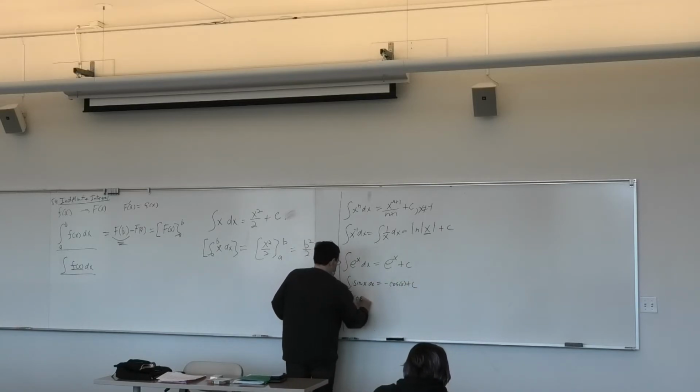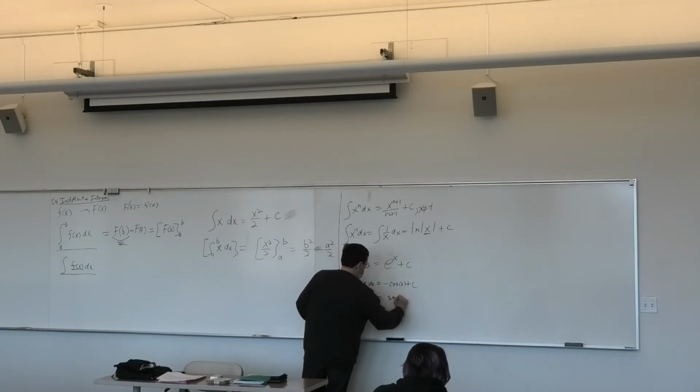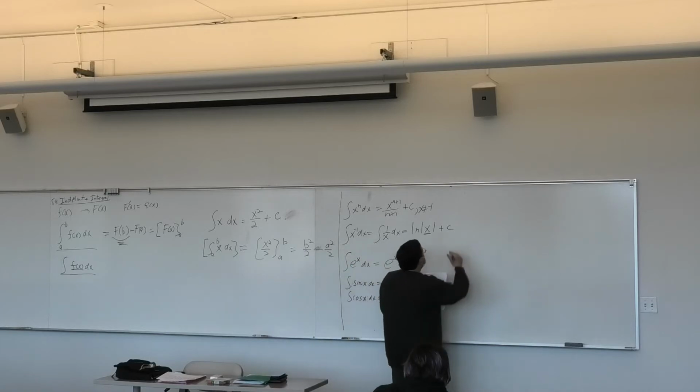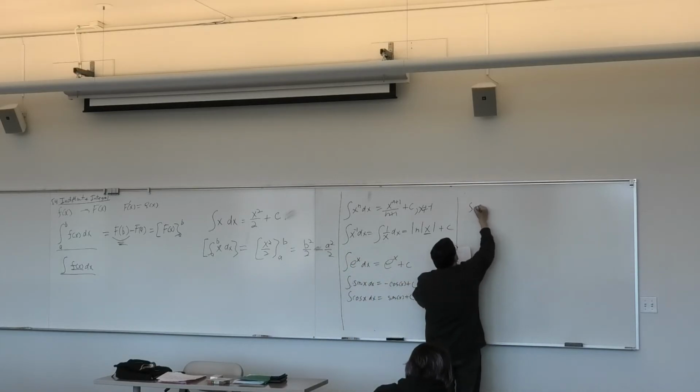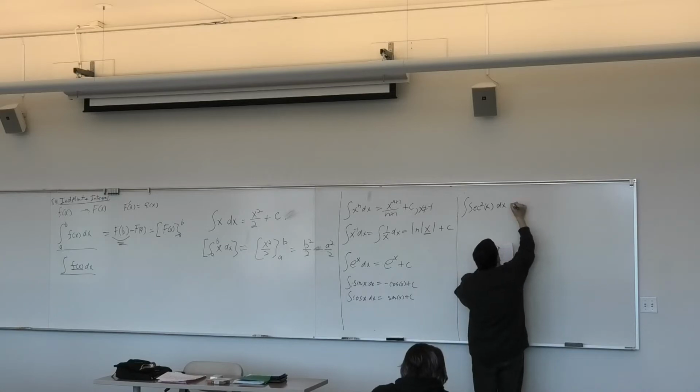The integral of the cosine is just the sine. Secant squared, you'll recall, going backwards, is tangent.